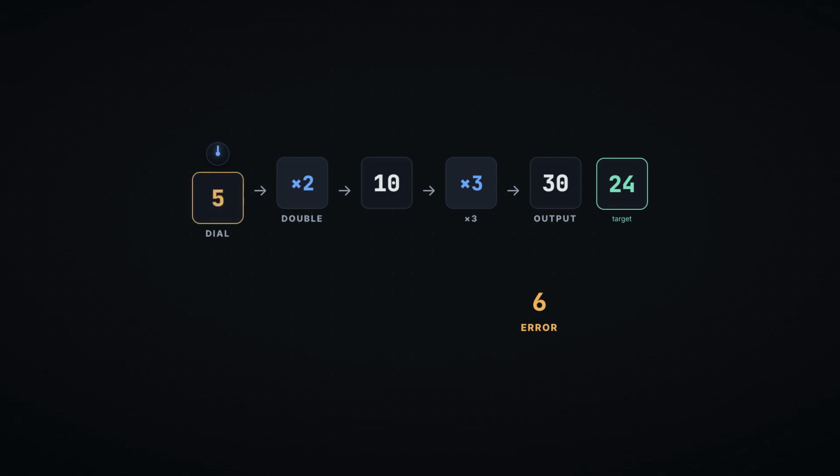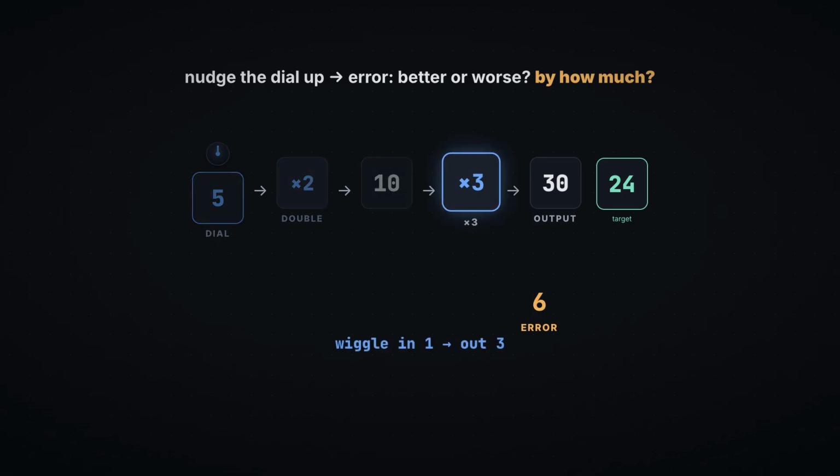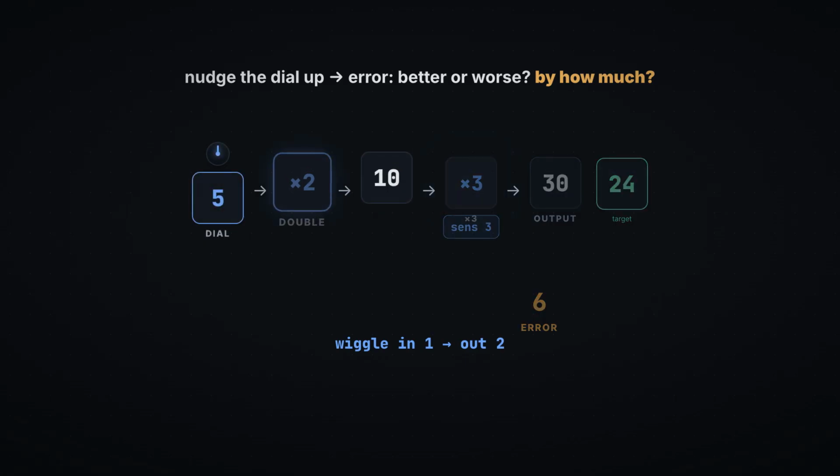Now the question we actually care about. If I nudge that dial up a little, does the error get better or worse? And by how much? Watch how each station answers locally. The times 3 station: wiggle its input and the output wiggles 3 times as much. Its sensitivity is 3. The doubling station: wiggle its input, output wiggles twice as much. Its sensitivity is 2.